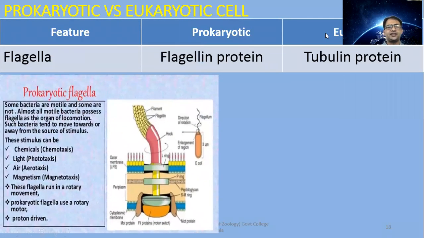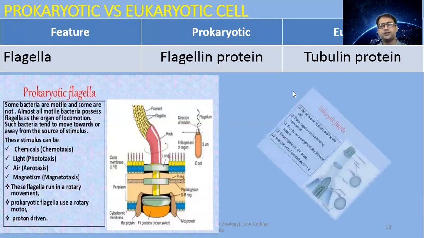As far as flagella are concerned, prokaryotic flagella are made up of flagellin protein, and they run in rotatory movement. Prokaryotic flagella use a rotatory motor and proton driven pump which helps in the movement of flagella. While eukaryotic flagella are made up of tubulin protein.